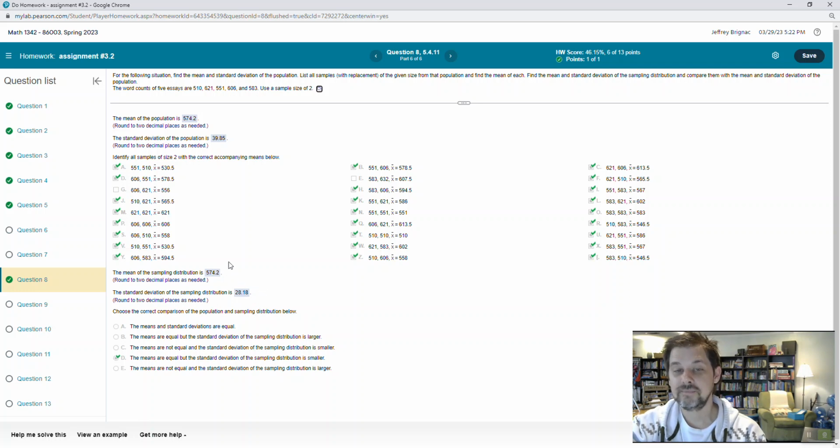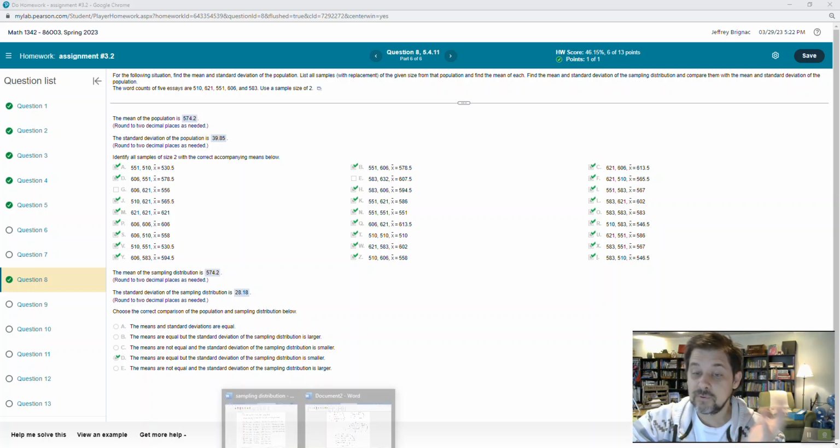Those numbers basically tell me where the middle of all these X bars is, if you plotted them out on a graph. And the standard deviation is the spread. If you plotted all these X bars, how spread out would they be? Remember, the standard deviation measures the spread of data, and the mean roughly measures the middle.